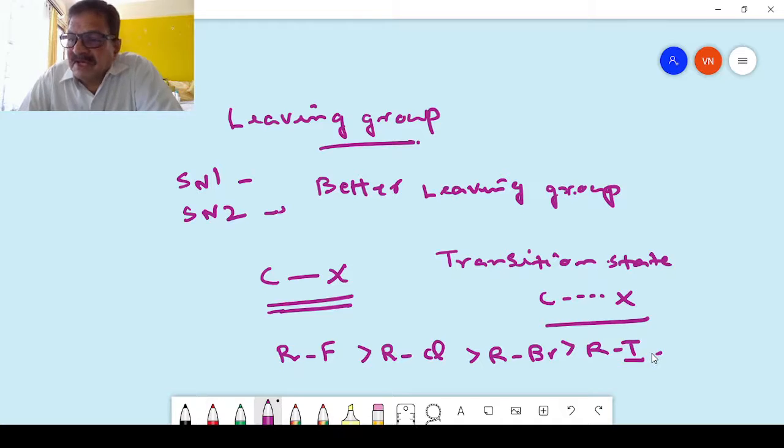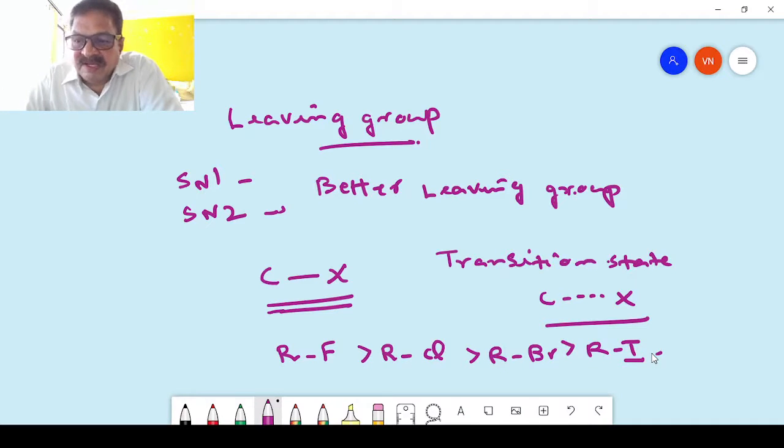In the transition state, the bond to the leaving group is partially broken. Therefore, the increasing leaving group ability, how far it is willing to accept the electron pair and leave, will determine the rate of the SN1 and SN2 reactions.